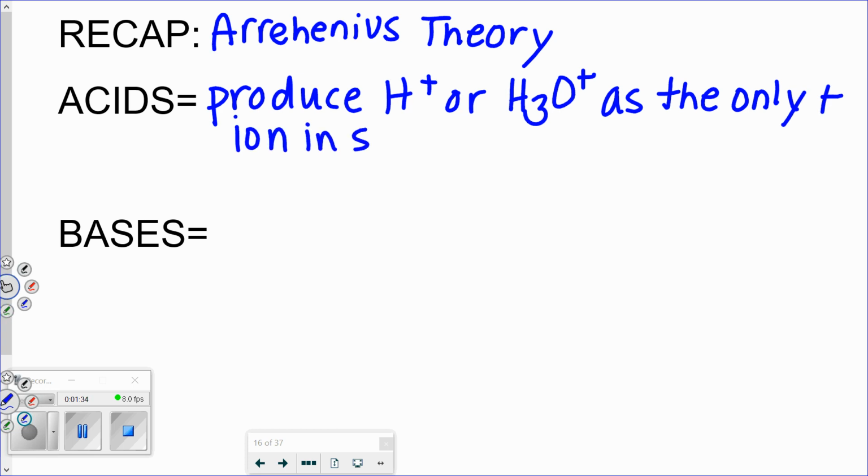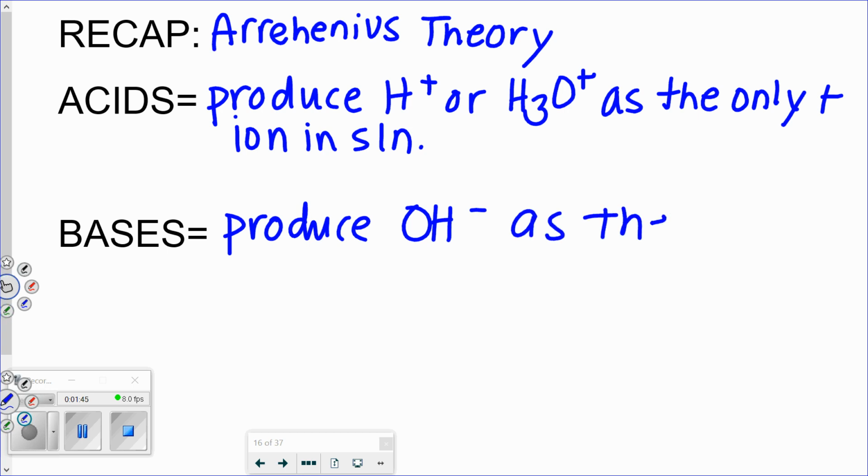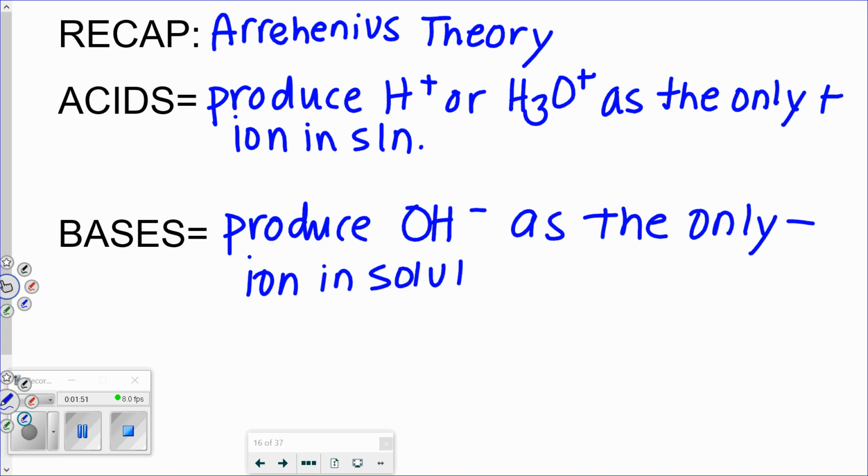That was our definition of an acid. Bases, on the other hand, produce a hydroxide ion, which is an OH minus ion, as the only negative ion in solution. So that was just one way that you can define an acid and define a base. It's based on what type of ion they produce. If it's an acid, it produces H plus or H3O plus. If it's a base, it produces OH minus. So you want to make sure you know those definitions.